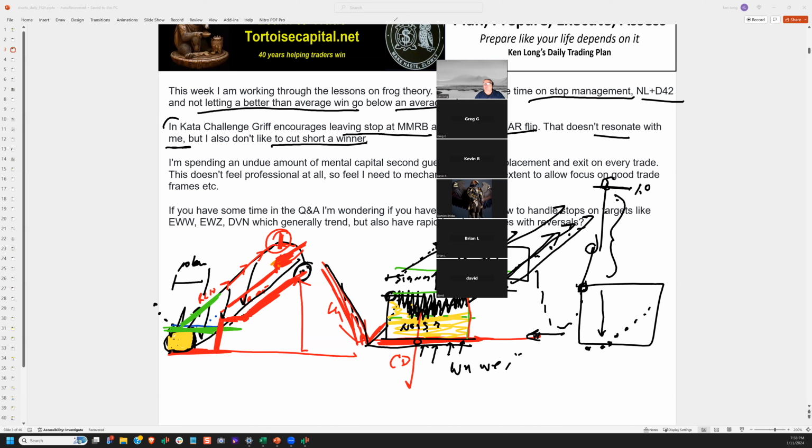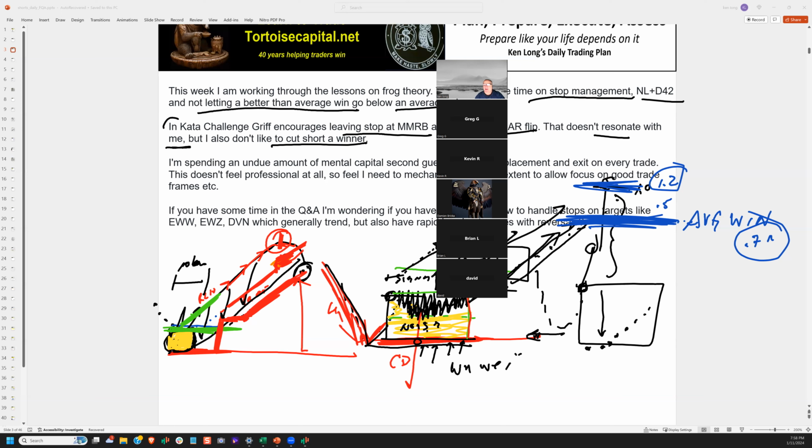So what I like to do is I want to know where my average win is. If my average win is 0.7 R, and let's call this 1.2 R, I'm already 0.5 above my average win. That's half a wrist box.